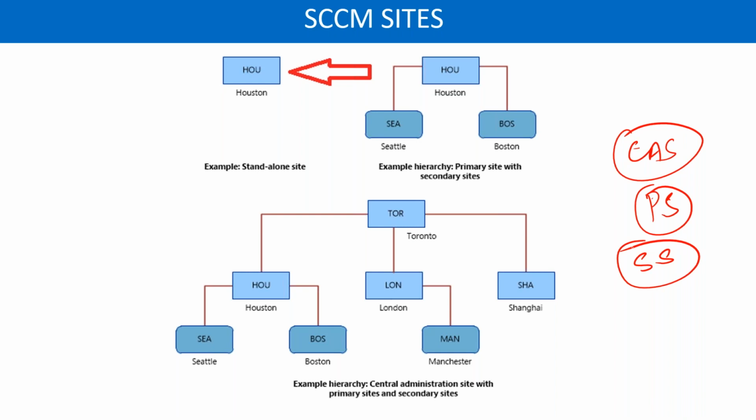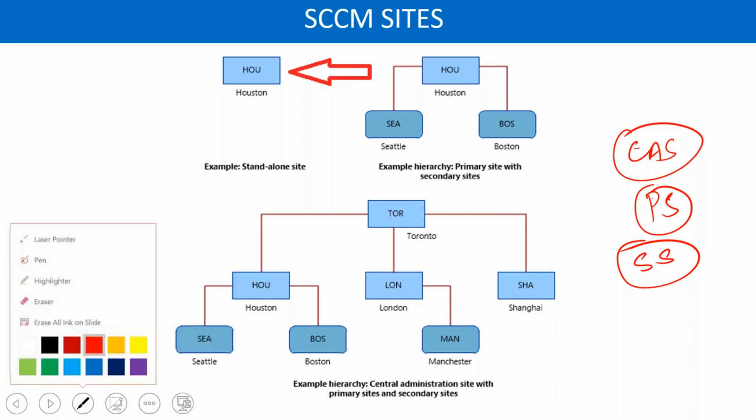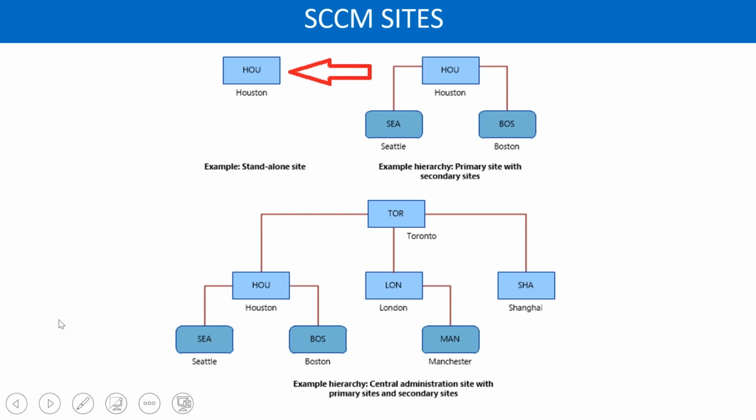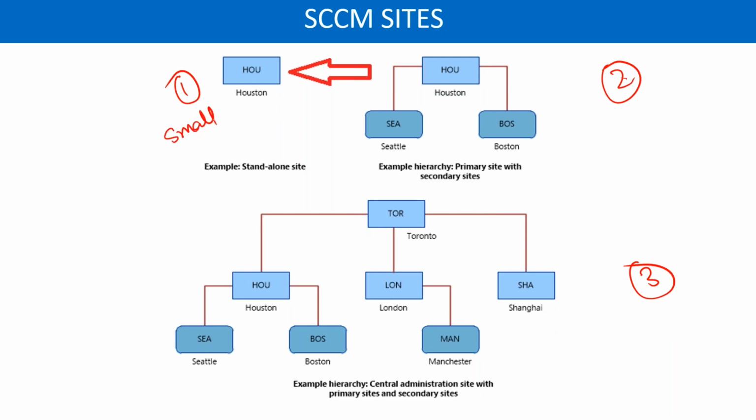Now, in this slide there are 3 pictures. Picture number 1 is this one, picture number 2 is this, and picture number 3 is this. The first picture is for small-size companies, where you don't have any branch offices, only a headquarter.